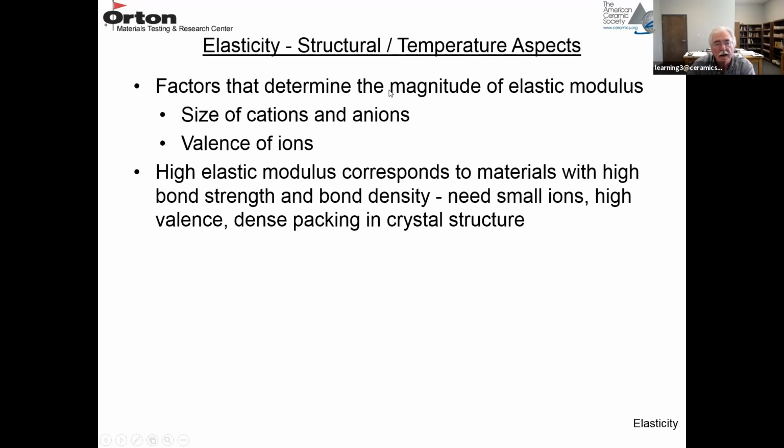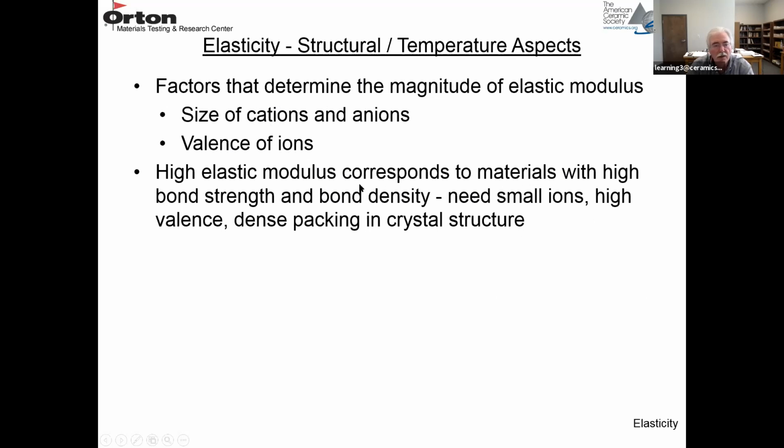So what factors determine the magnitude of the elastic modulus? The size of the cations and anions, and their valence. What's the charge on these cations or anions? So materials that have high elastic moduli have high bond strength and high bond density.